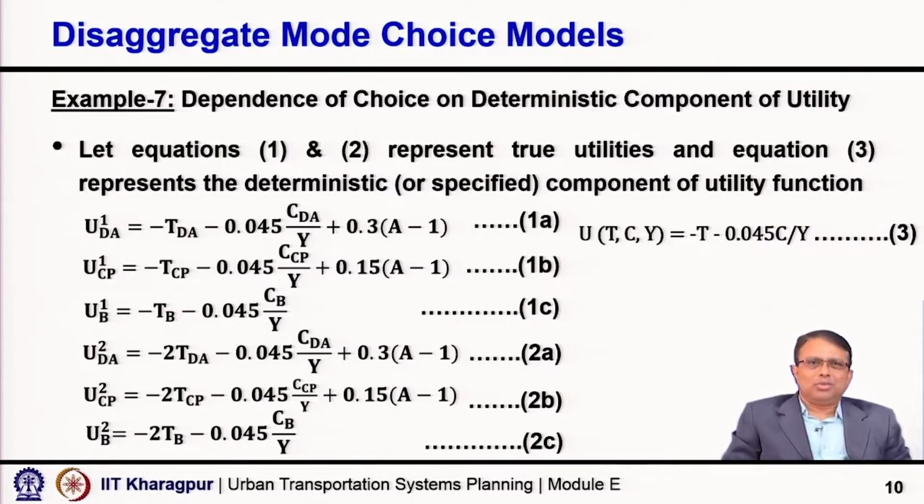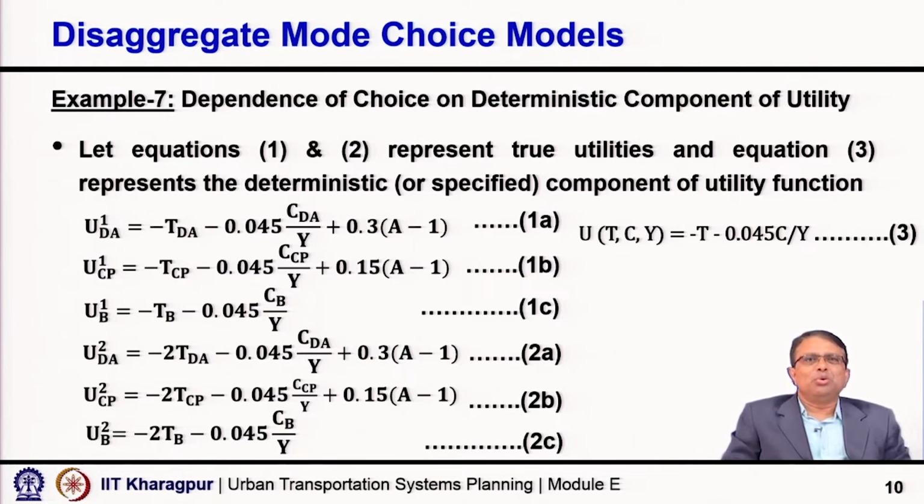Now, why did we consider them? Because there is an additional term that was not considered in the utility equation specified by the modeler in the deterministic component. So, you can very well connect this to the previous example.